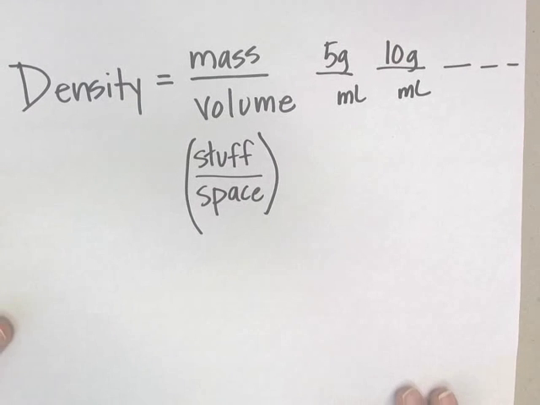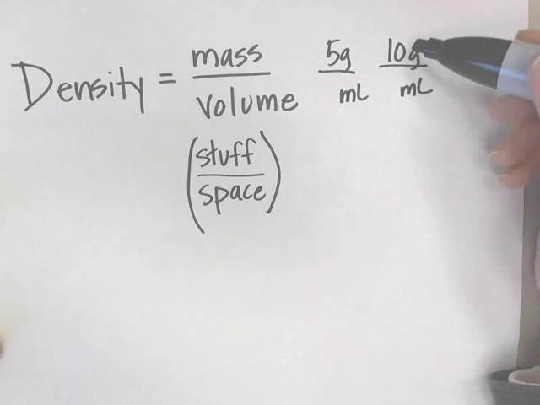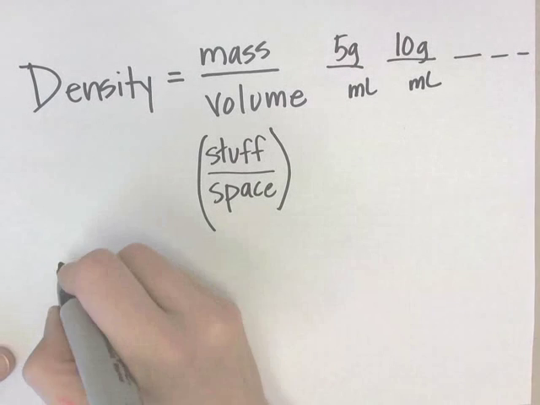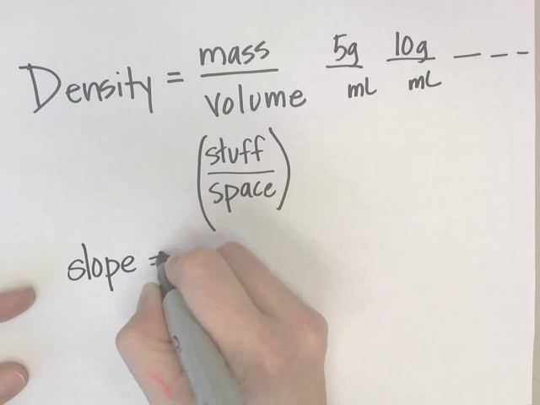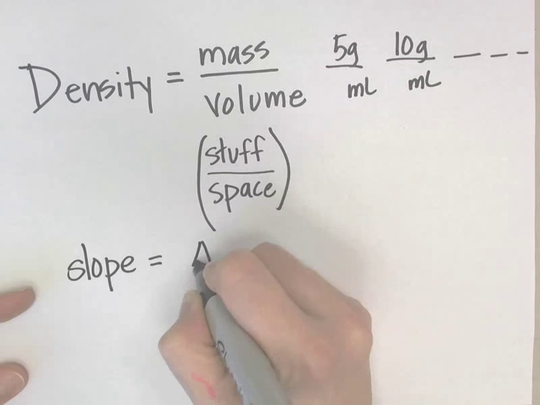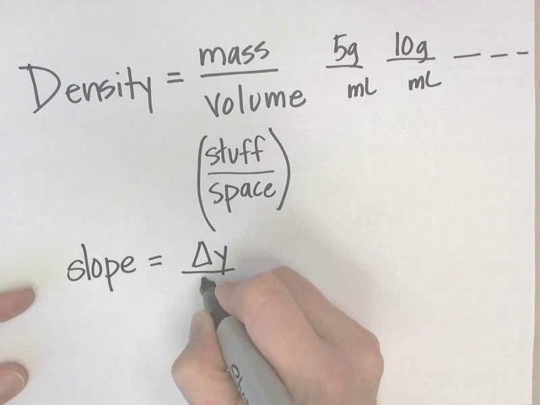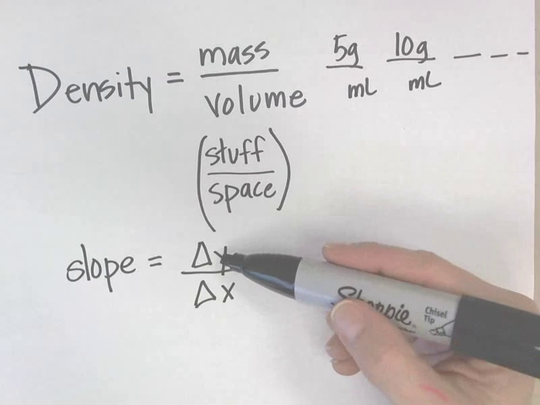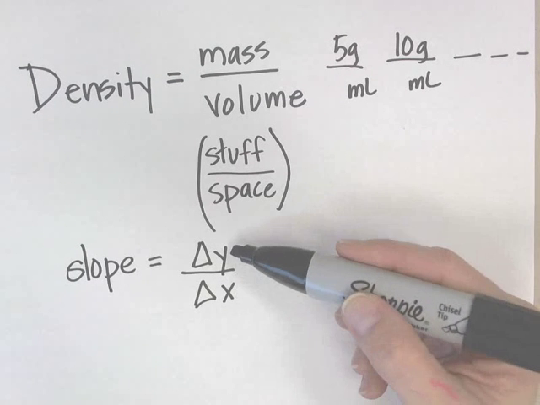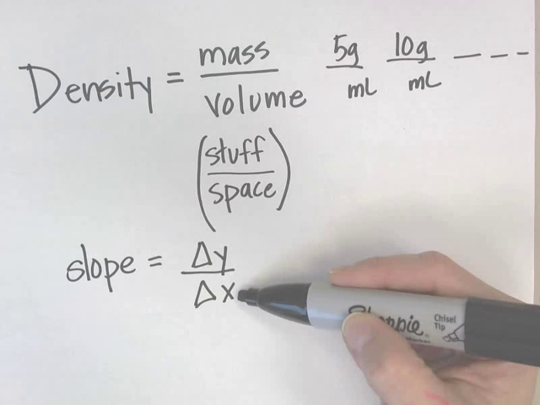What we're going to do, rather than just doing this division 5 times, is treat the density formula like the slope formula. The slope of a line is the change in y over the change in x, or the rise over the run.